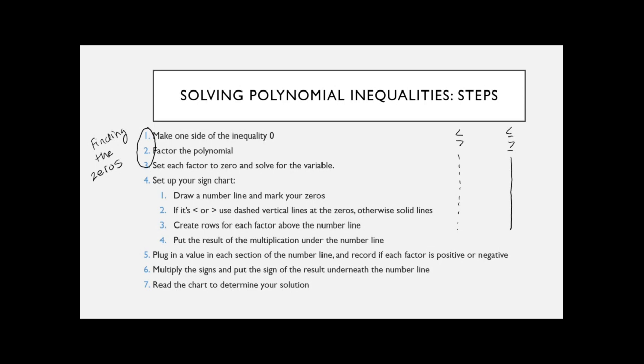So knowing those rules can help you determine whether your final answer will be positive or negative. And then once you've created your chart, that's when you write your solution. So this will make much more sense once you see it go through, but I recommend when you're doing your homework, maybe just printing out this slide and having it next to you so that you can see all the steps that we're going to go through.